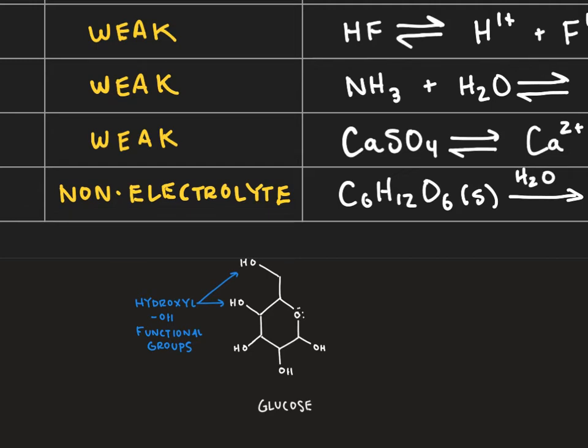And because those hydroxyl groups are polar sections of those molecules, that is, the hydrogen is much, much less electronegative than the oxygen, that hydrogen ends up partially positive and the oxygen ends up partially negative. So even though there's no net charge on the molecule as a whole, there are certainly sites on the molecule where there are partial charges present.